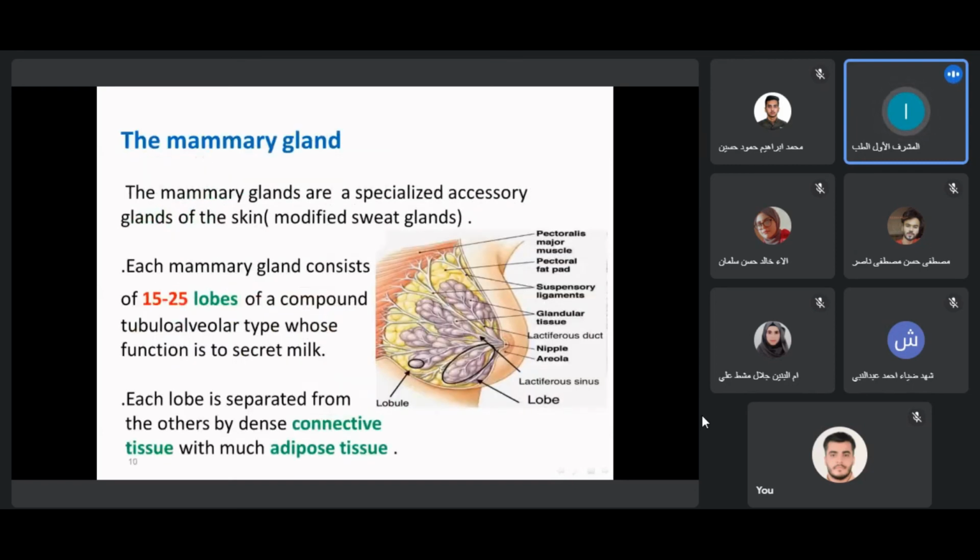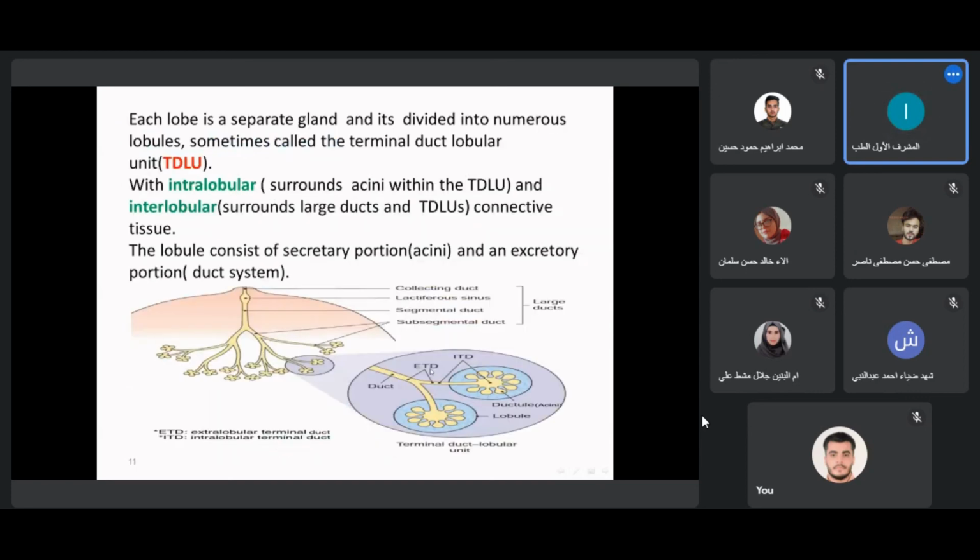Here are the lobules. This is the lobe, and those smaller structures are called the lobules. The lobules are also called the terminal duct lobular unit because it consists of the lobule and its associated terminal duct.